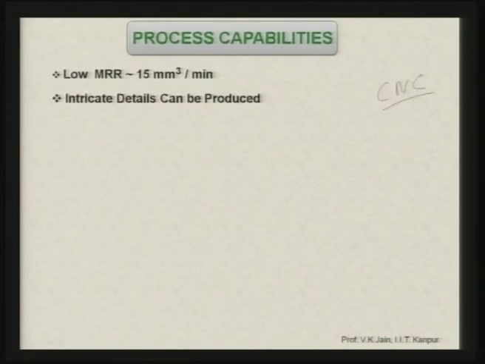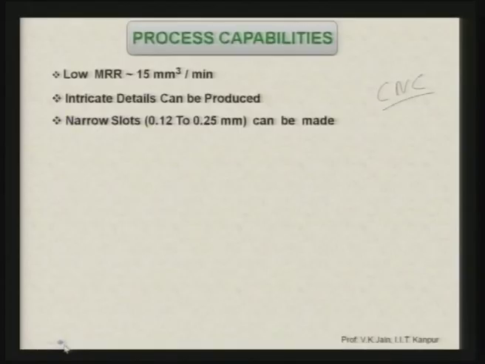You can have the CNC AJM process, where the movement of the workpiece and the jet you can numerically control with the help of the CNC features of that particular machine. Narrow slots can be cut, the size of the slots can be 0.12 to 0.25 millimeter.